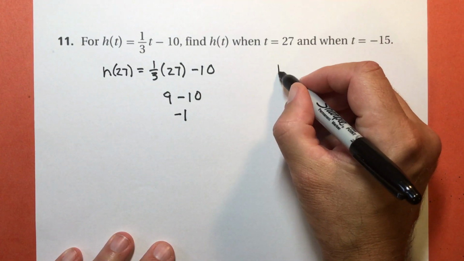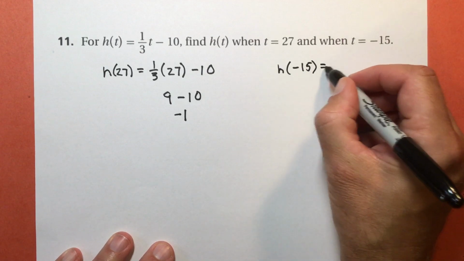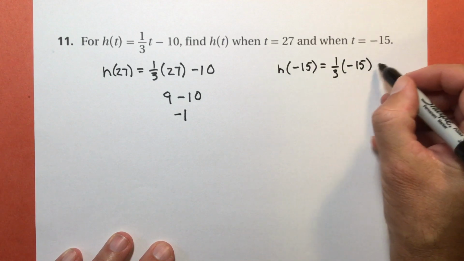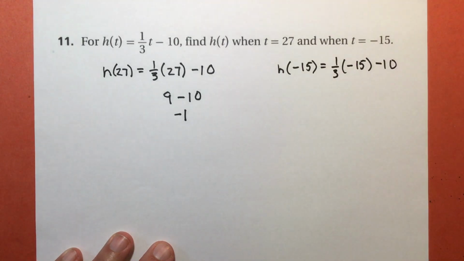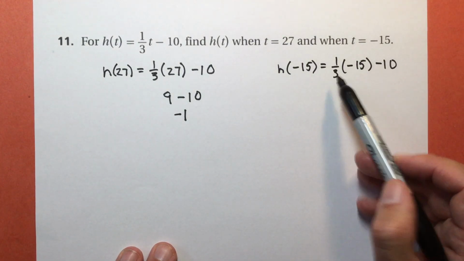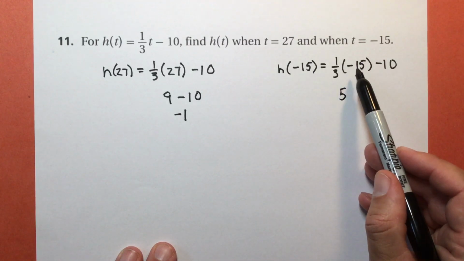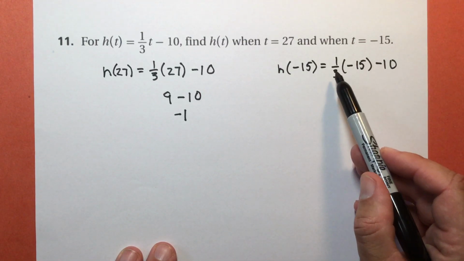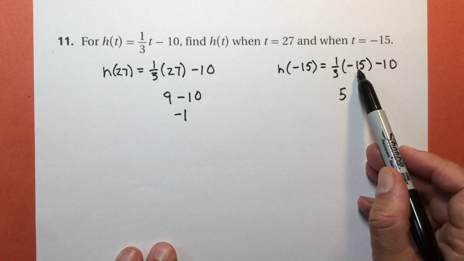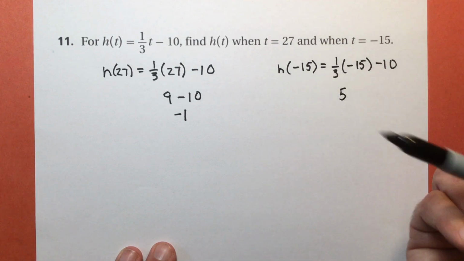Let's try h of -15 equals 1/3 times -15 minus 10. All right, so 15 divided by 3 equals 5. But I'm finding -15 divided by 3, or 1/3 of -15. A positive number times a negative number, or even a negative divided by a positive, is going to give me a negative.